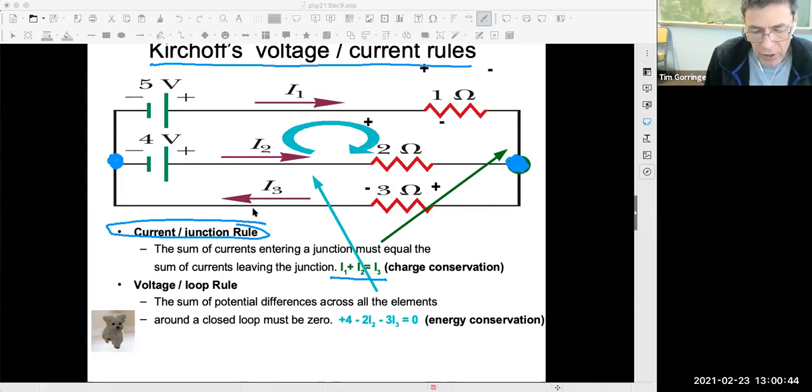So for the currents drawn, I1, I2, I3, on this particular electrical circuit, I1 and I2 flow into the node or junction on the right, and I3 flows out of that junction or node on the right.